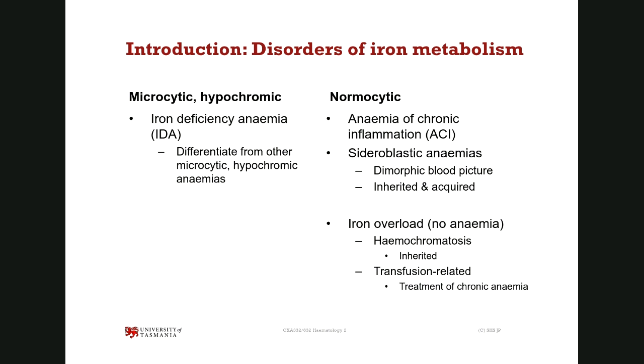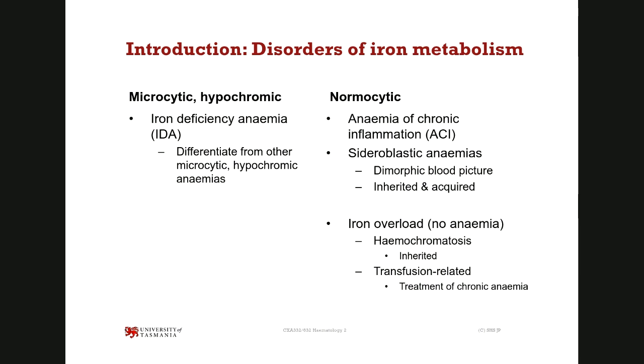So again, you'll find that Mackenzie classifies sideroblastic anemia and anemia of chronic inflammation as microcytic anemias. And when we have a look at them today, you'll see that they more commonly present with a normal MCV. And so, as I said, I've got it organised slightly differently to the way that Mackenzie has it, but it doesn't really matter.